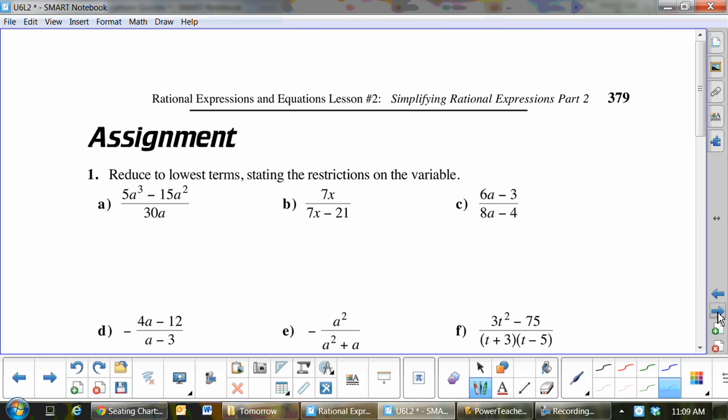So, the assignment is 1 to 10, right? No, actually. Okay, so on the assignment you can omit 5, 9, and 10 to 13.